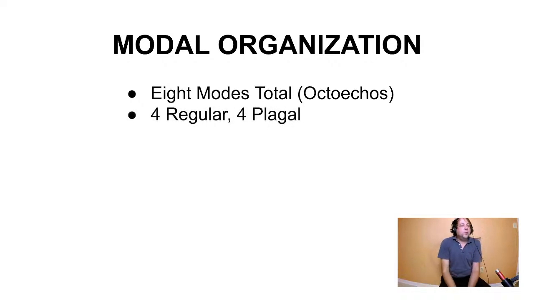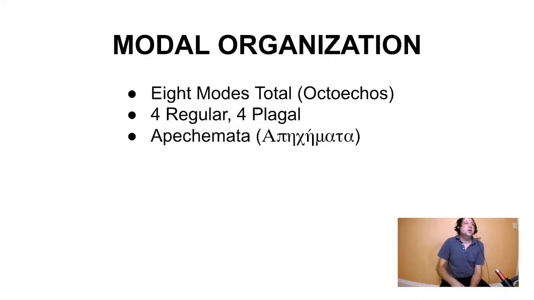You have four regular modes, modes 1, 2, 3, 4, and four plagal modes, plagal 1, plagal 2, plagal 3, plagal 4. You have a thing called an apichima. In plural, it's apichimata. I know it's a long word, but it basically is an intonation that gets you into the mode. You've probably heard a lot of chanters say that kind of thing.